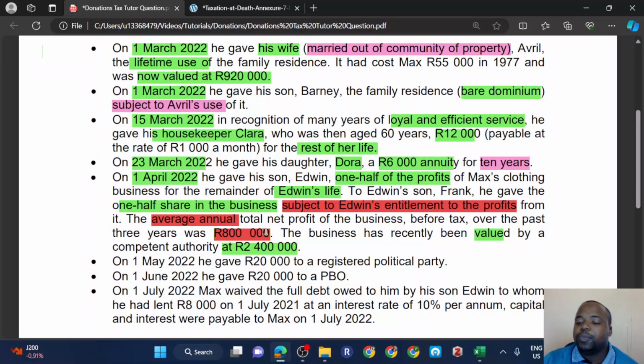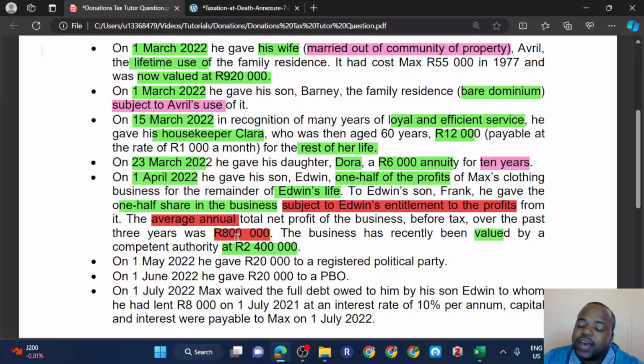That is the right to both enjoy the profit produced by the business and the right of ownership, meaning you can decide what happens in the business and whether or not you want to sell it, right?